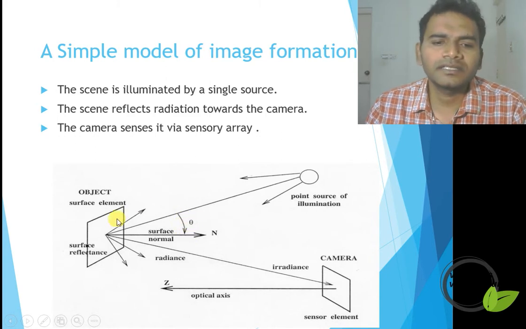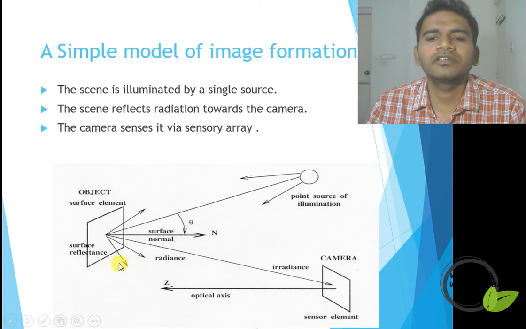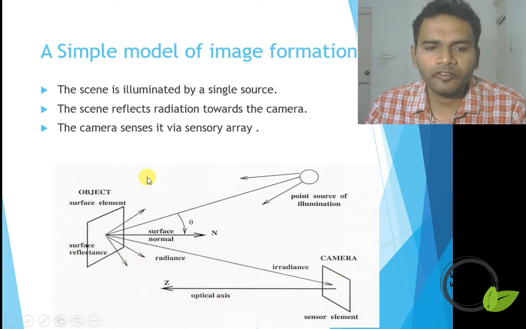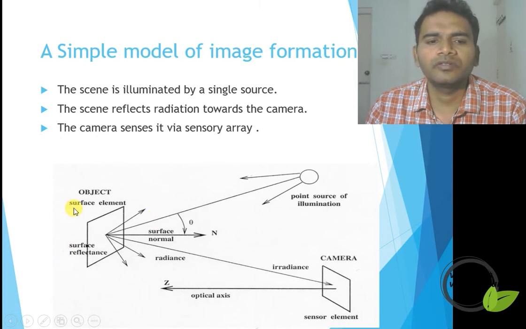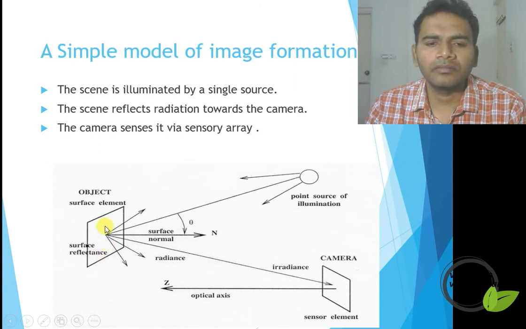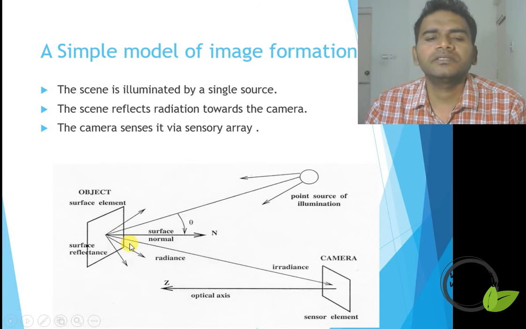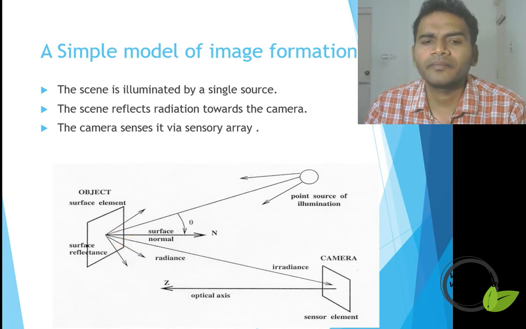This incidence is reflected back onto your camera, which is shooting the scene. For better reception, you need a better reflectance surface, so that you get a better quality photograph. This reflected beam is in the form of irradiance.